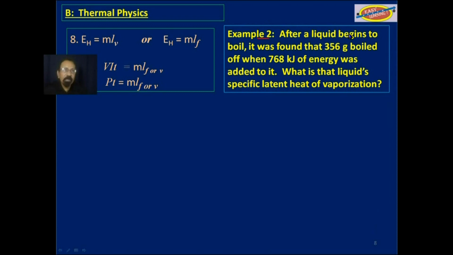After a liquid begins to boil, so it is at its boiling point, it was found that 356 grams boiled off when 768 kilojoules of energy was added to it. What is the liquid's specific latent heat of vaporization?